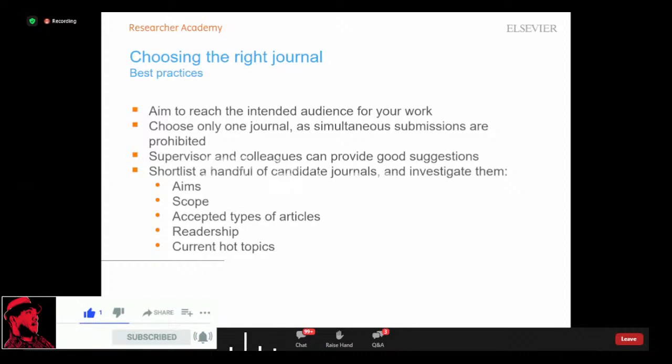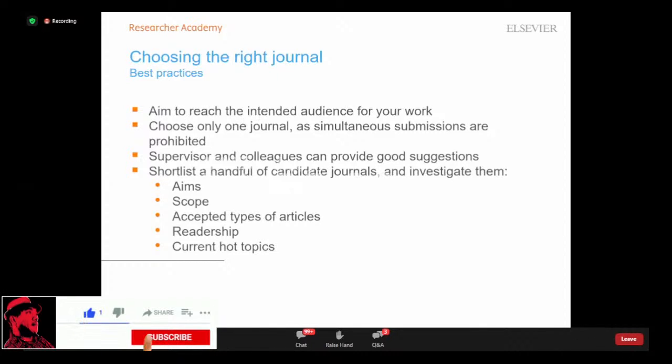Your supervisor and your colleagues, based on the work that you've written, can also surely come up with good suggestions. A lot of publishers, such as Elsevier, also have tools available on the web. One of our tools, for example, is called the Journal Finder.